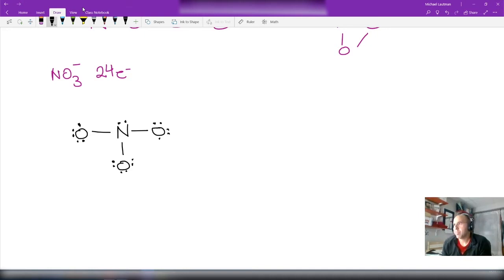And the problem now is that I don't have complete octets for these atoms. This nitrogen, the octet rule is okay. This oxygen also, 1, 2, 3, 4, 5, 6, 7, 8. That's okay. But these 2 oxygen atoms have incomplete octets. So what can I do?